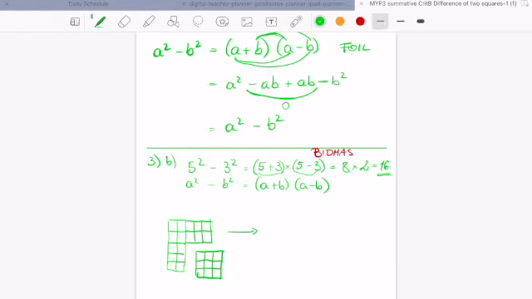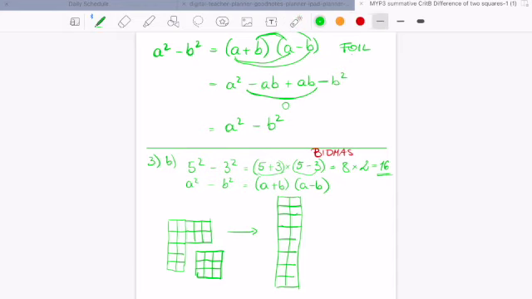So this one will become something that looks like this. 1, 2, 3, 4. There we go. So I've taken this part here and put it up here.